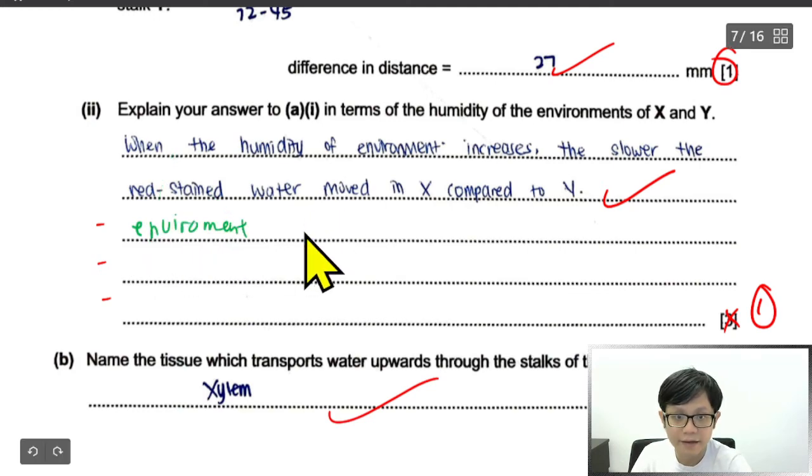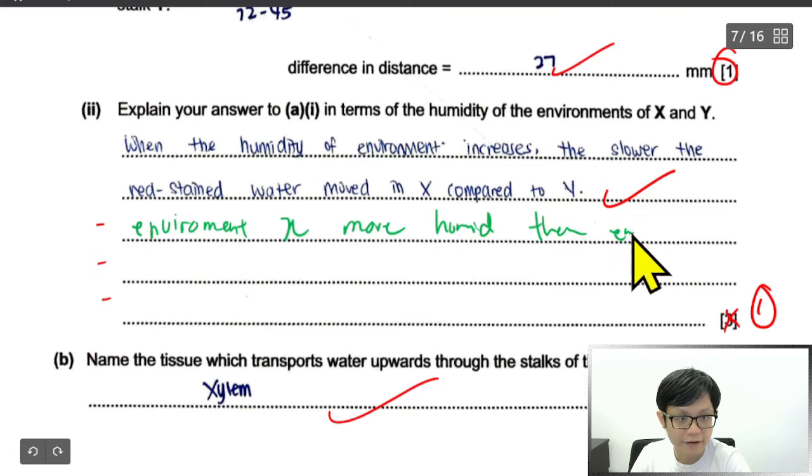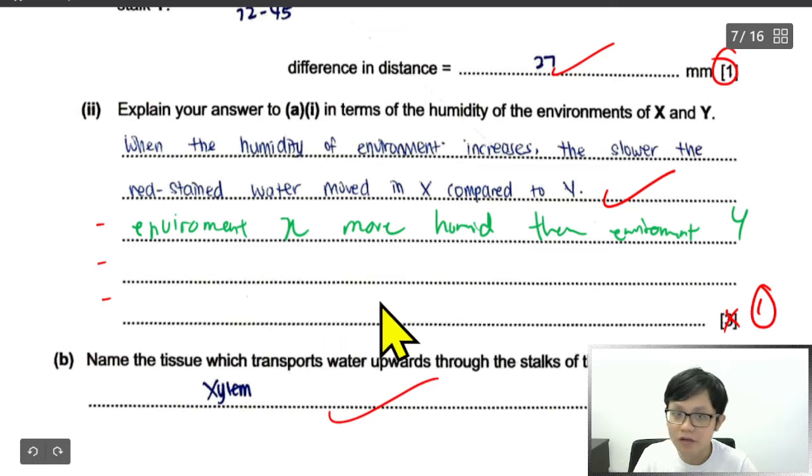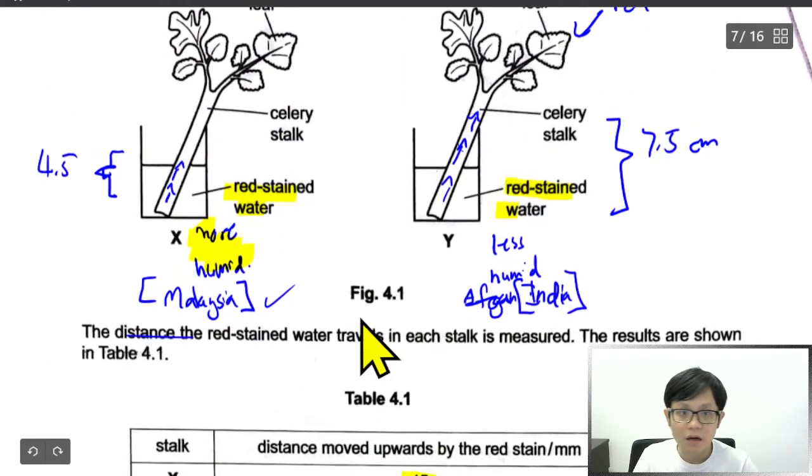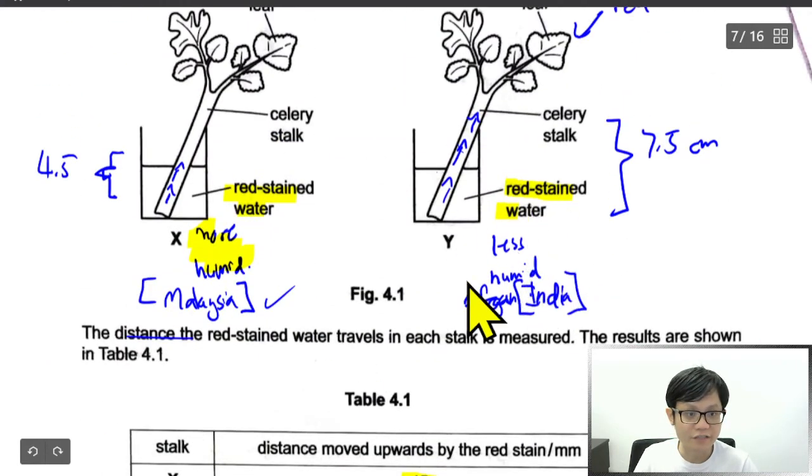Environment X more humid than environment Y, and then we want to explain a bit. So we can say that transpiration increase when there is lower humidity.